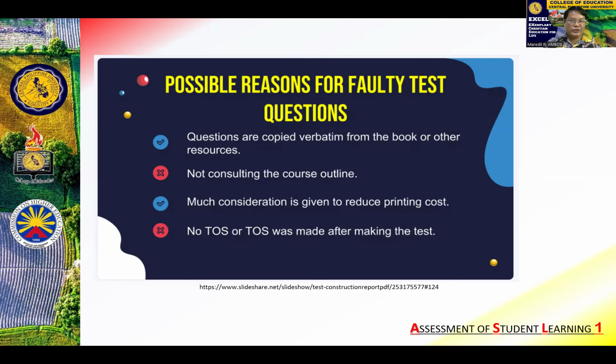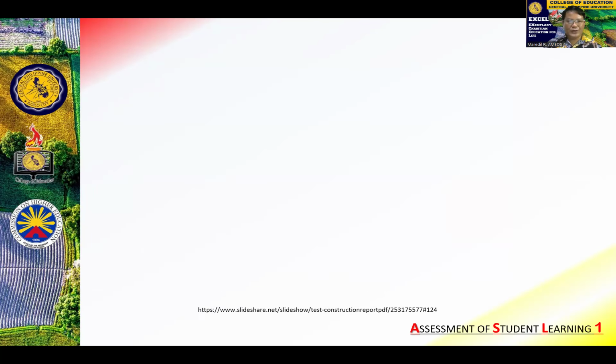Then much consideration is given to reducing printing cost, and no TOS was made, or the TOS was made after making the test. Based on my observation, many teachers are doing the TOS after they have constructed the test questions. But in the proper way, we should have the TOS, or table of specification, first before we can construct our test.